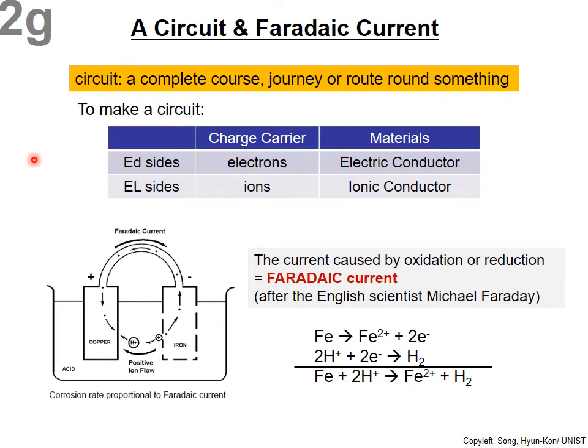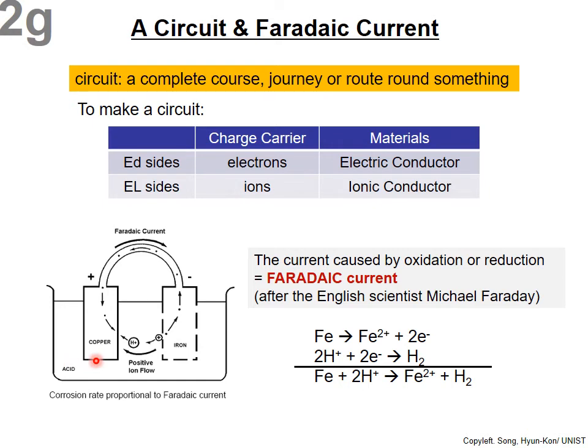So let me get back to the first example of the electrochemical cell. Still we have copper and iron as electrodes, and I have used the metal wire to connect those two electrodes. And in the electrolyte, I have protons because I have used acid solution.